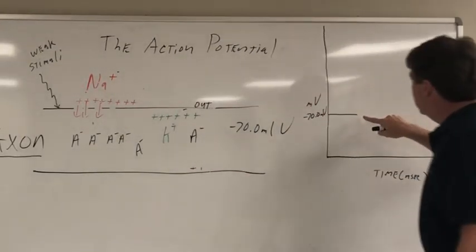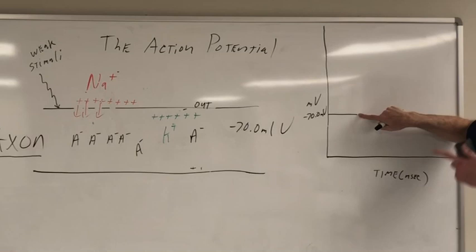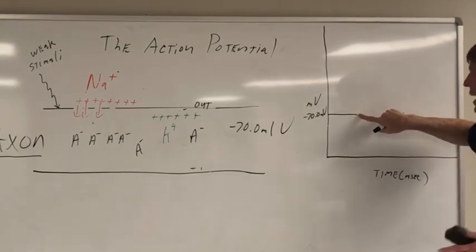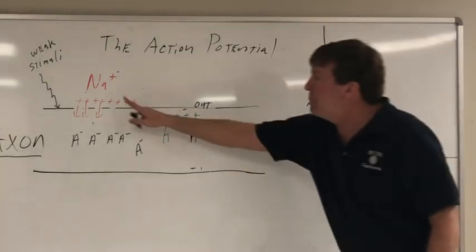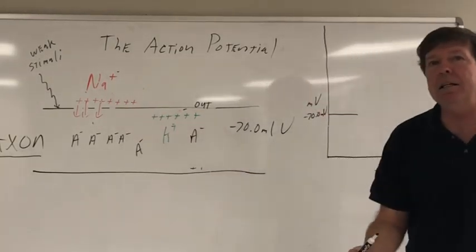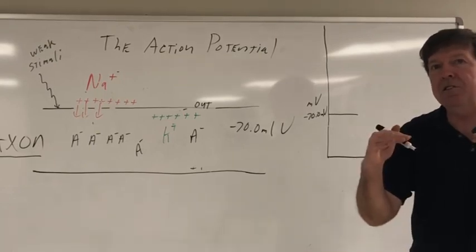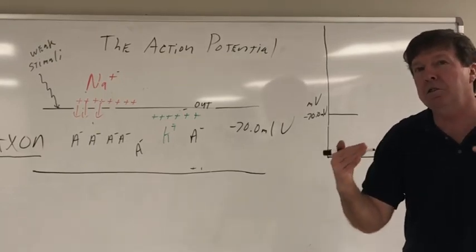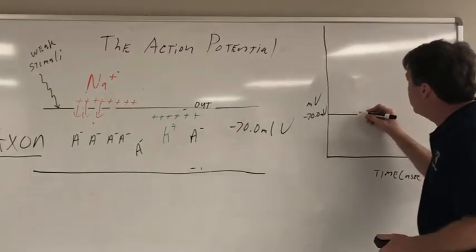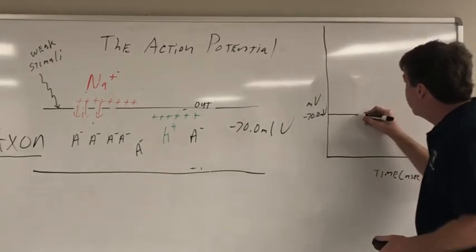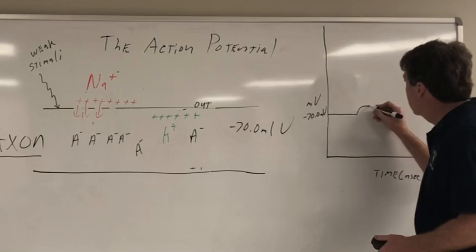Well, how is this value going to change if sodiums are added? If you're starting off at negative and you add positives, we know the negative 70 is going to rise. It's going to get a little bit closer to zero because you're adding positives. So with that first stimuli, you might end up with something like this.